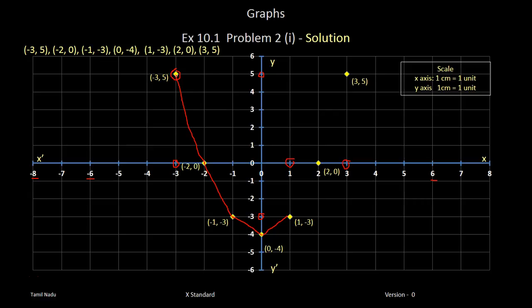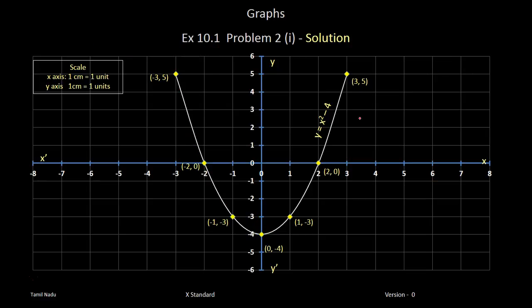Then after joining all those points, use your free hand and connect all these points, forming a smooth curve. So the trick is first join all the points using a scale, but the line must be very thin and very light, only visible to you. After that, using that line as a guide, draw the curve using a free hand. If you do that, you will get something like this.